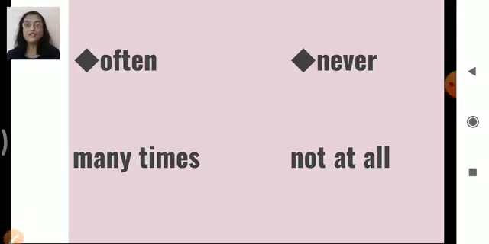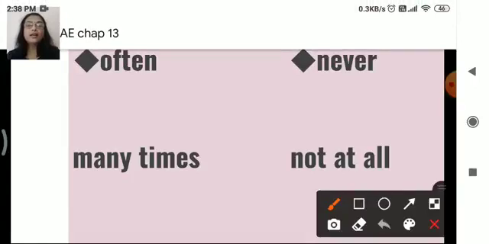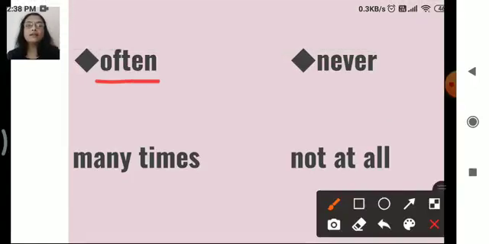That is very interesting and easy too. Okay. Now before we start, you can see these two words. What are they? Often and never. Now what they mean? Okay. Now here the word often means many times. Okay. Often means always, many times. And never means not at all.